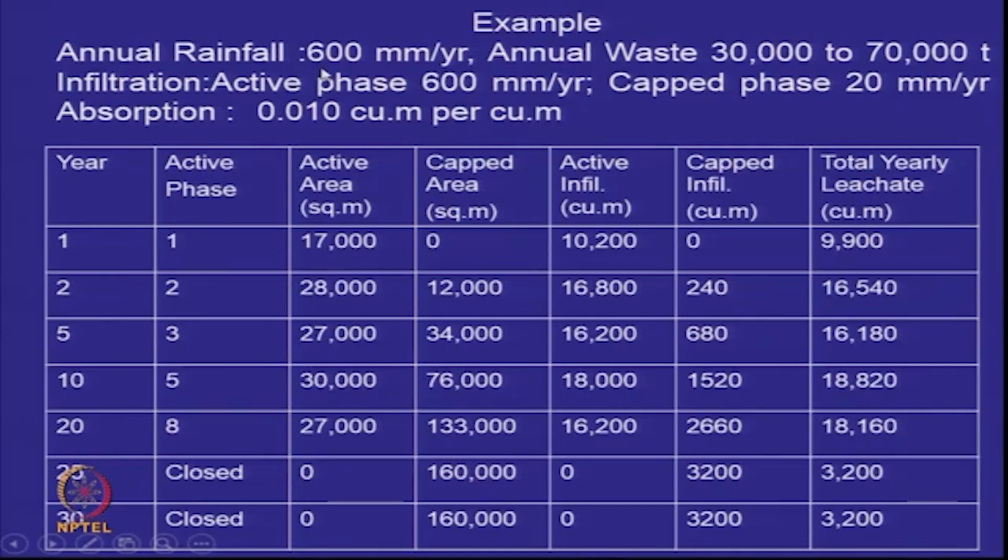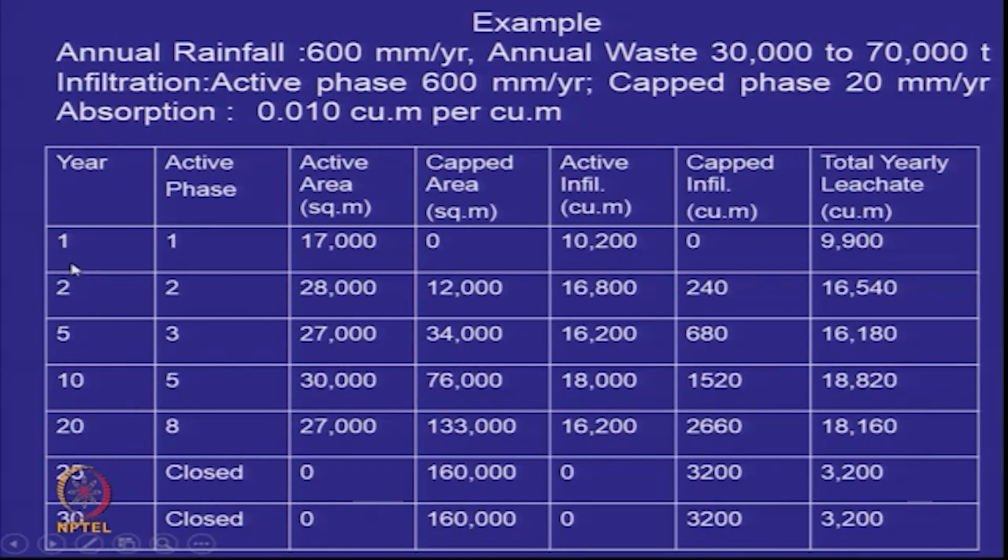Annual precipitation is 600 millimeter per year and therefore the infiltration in the active phase is taken as 600 full. Capped phase only 20 millimeters per year. Sorry, not 200, 20. So how much percentage? 3.33%. So only 3.33% is coming out.